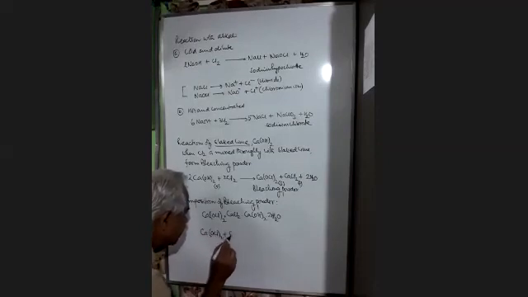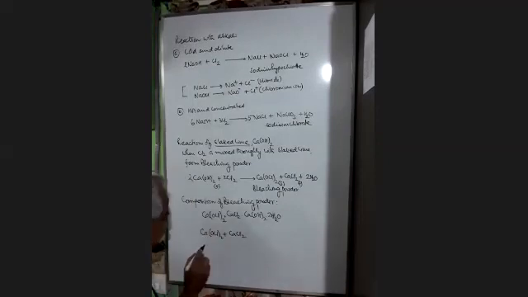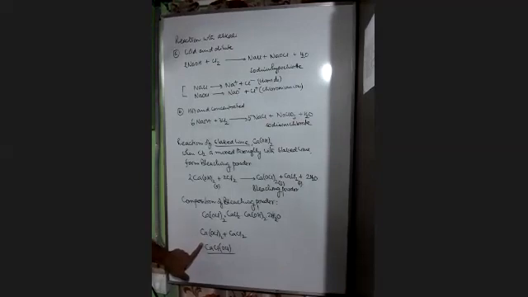CaOCl2 plus CaCl2. See here, you have 2 calcium, so I'll write 1. You have 2 chloride, so I'll write 1. You have 2 OCl, so I write 1. So this is the proportion. Because of that, we write the bleaching powder with this formula.